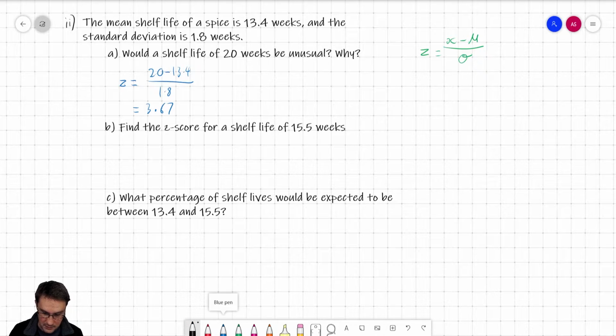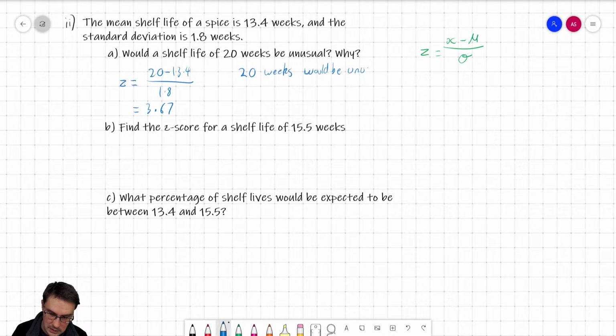Now, as for providing an answer here, 20 weeks would be unusual. The reason is that having a z-score above 3 is highly unlikely, because 99.7% of the scores are going to be between a z-score of -3 and +3.